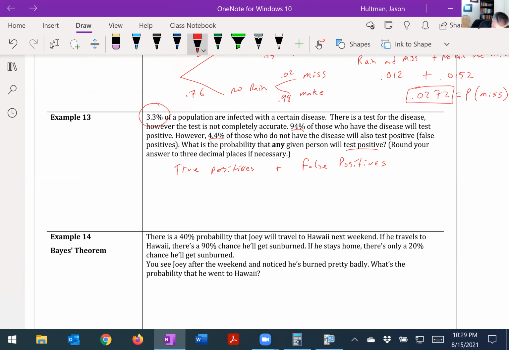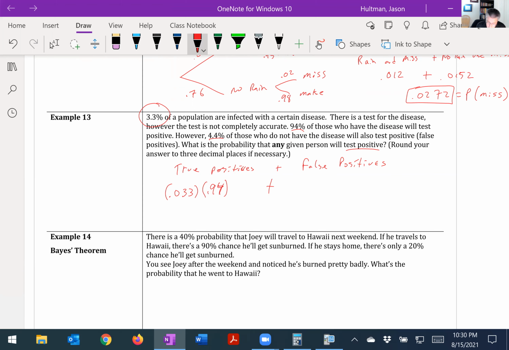So 3.3%, that's 0.033. 3.3% of the population are infected, times the 94% accuracy of that test. That gives me a true positive. Plus, how many people do not have the disease?